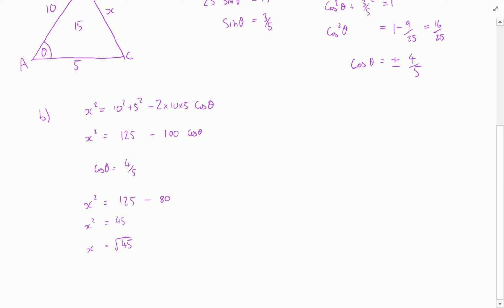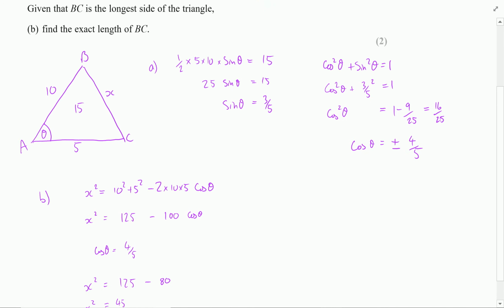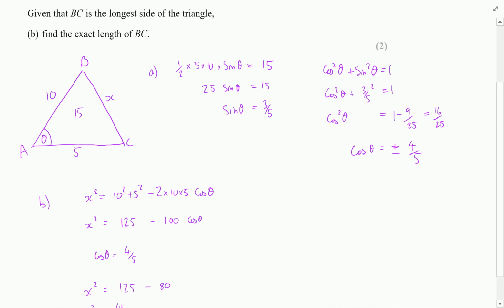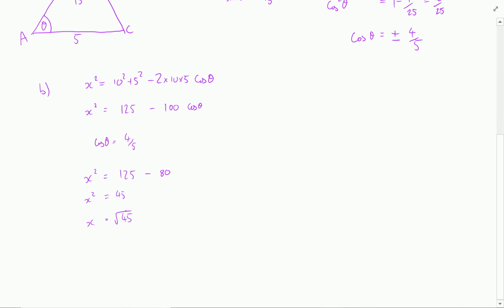Now, although I don't know the square root of 45 exactly, I know it's going to be larger than 6 and slightly smaller than 7, which can't be the case because in this question I'm told that BC is the longest side of the triangle. So if this was somewhere between 6 and 7, it would be smaller than 10, making it not the longest side in the triangle. So I know that this here is not the correct answer for this question. And that came about because I chose cosine theta to be 4/5.